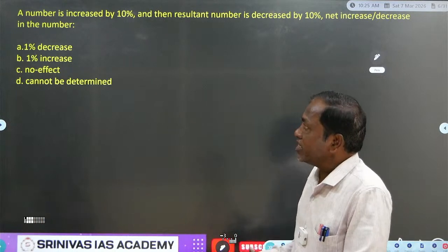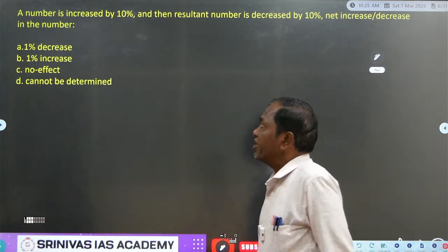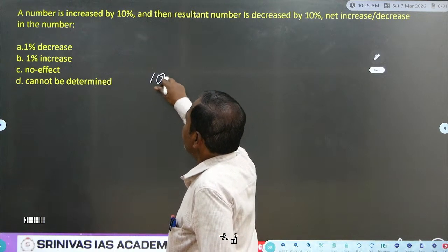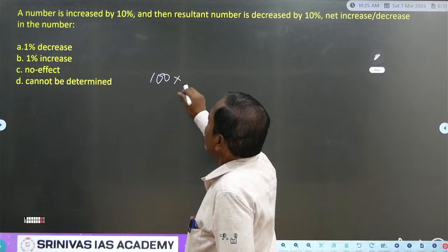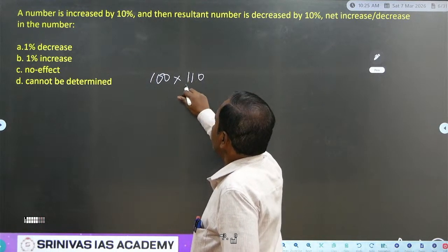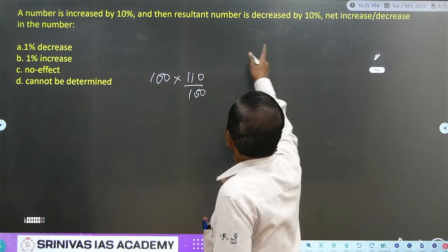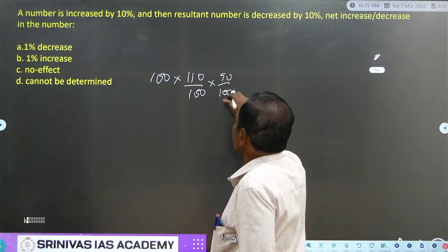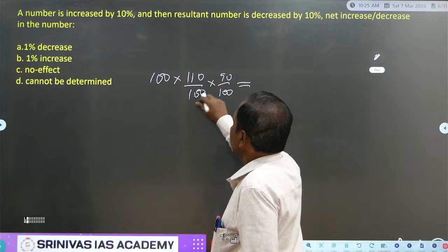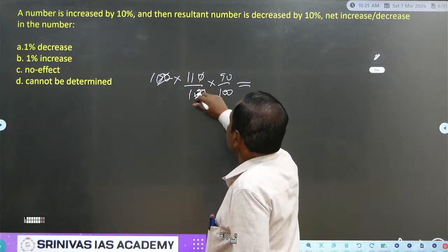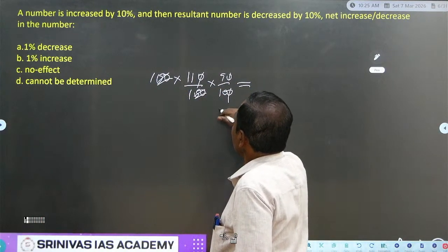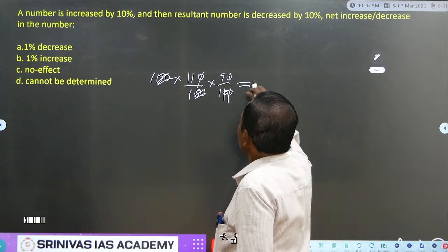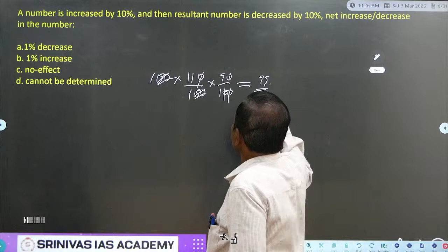But how much is it decreased? X square by 100. Right. Now the number we do not know. Let the number be 110%, then decreased by 10% into 90%. Then 0, 0 gets cancelled. And 11 into 9, 99.